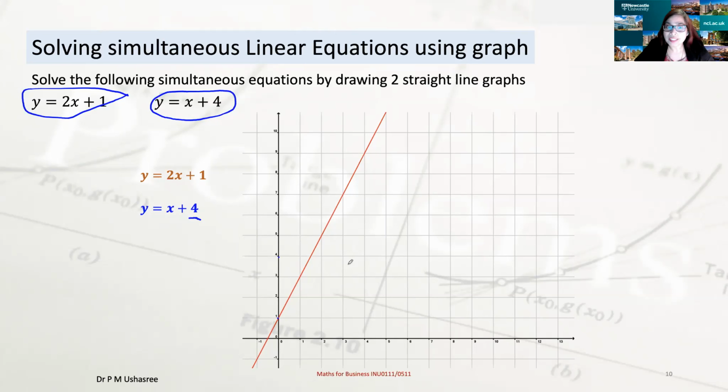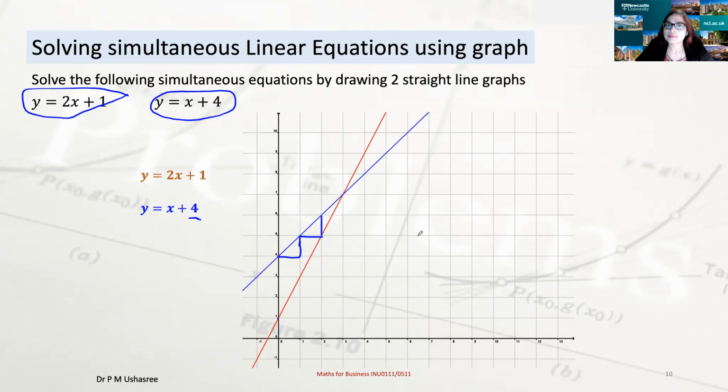Again, it is a positive gradient, so the line should go up. But in this case, the gradient is 1, so for every 1 unit you go along, you go up by 1 unit, because the slope is 1.